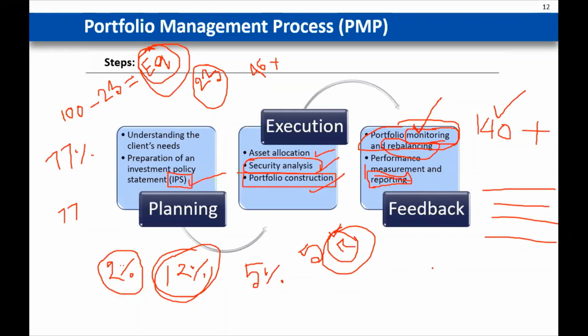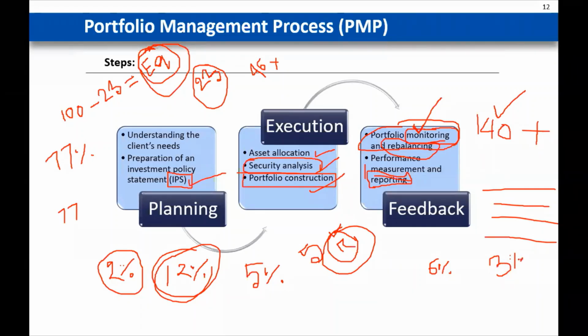Okay, so this is one way. Another way can be, for example, right now, I'm assuming the risk-free rate is 6%. So your client has said that my portfolio should achieve 3% above the risk-free rate.